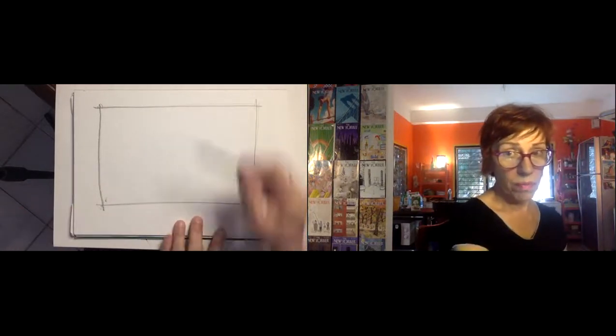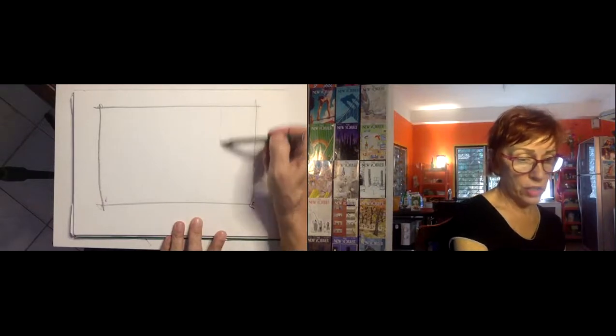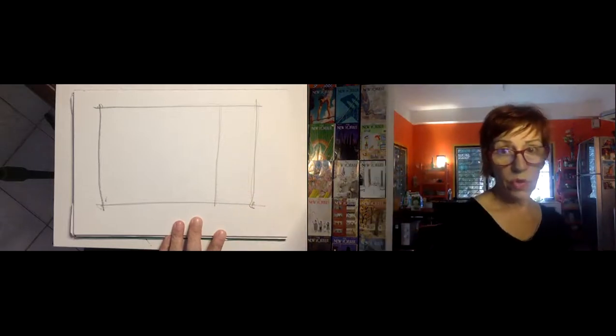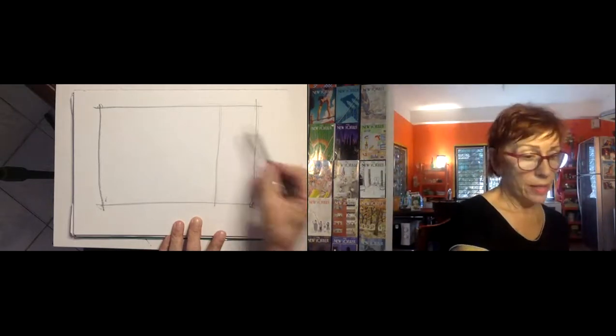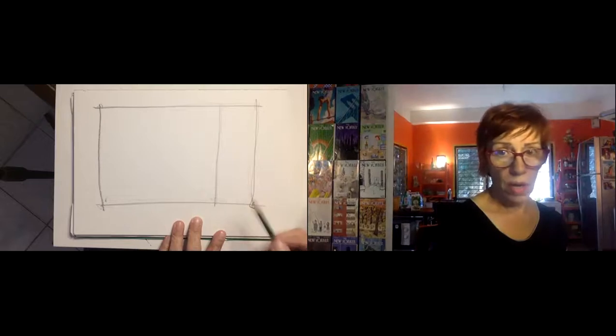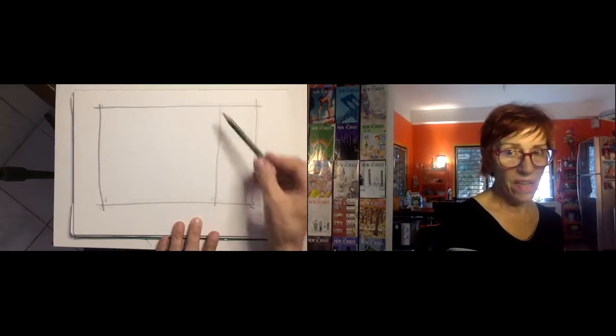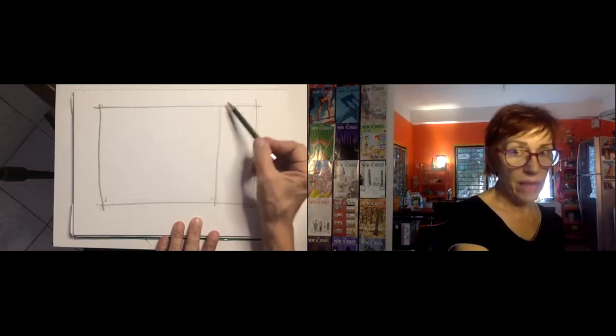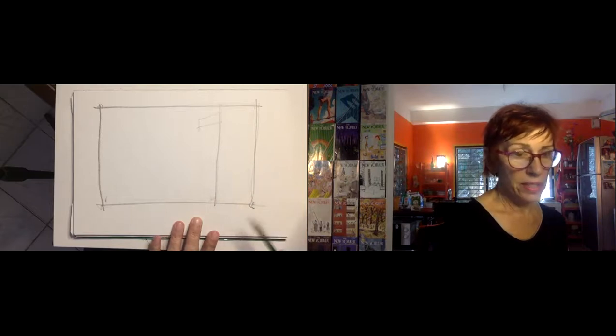Right off the bat, I have this whole section that's cut off. That's my wall of New Yorker magazines. And there you go, a whole chunk of my composition is done. Now, look at this. I love the ceiling. So here's another sort of vertical that's easy to get. And then I have this funky diagonal coming down. That's my ceiling.